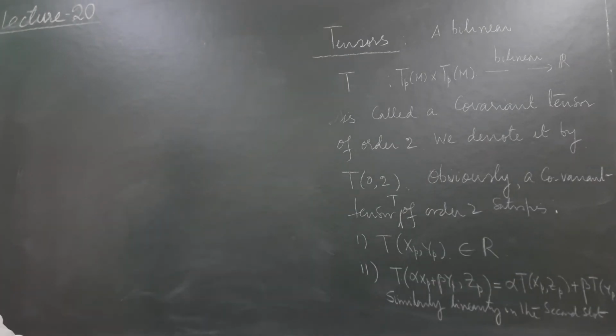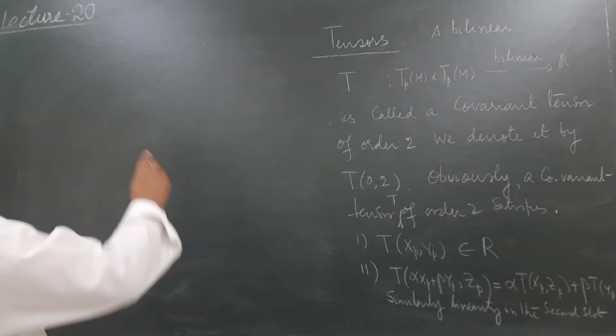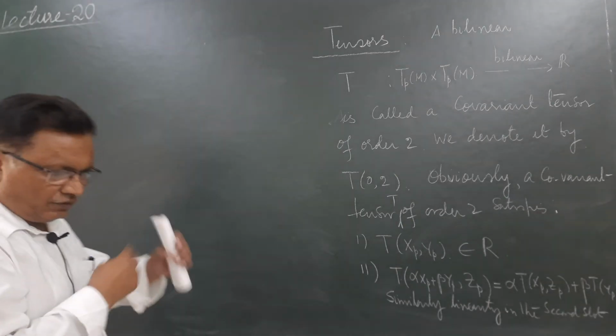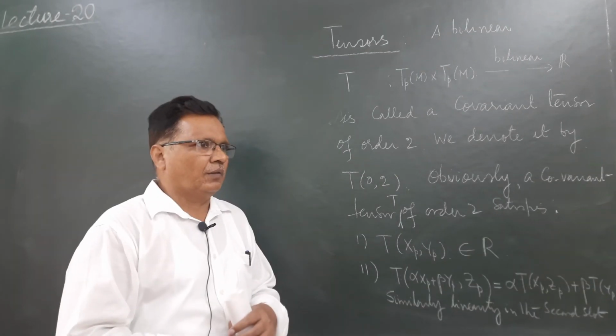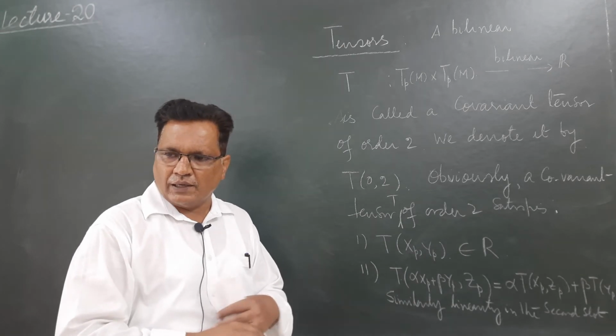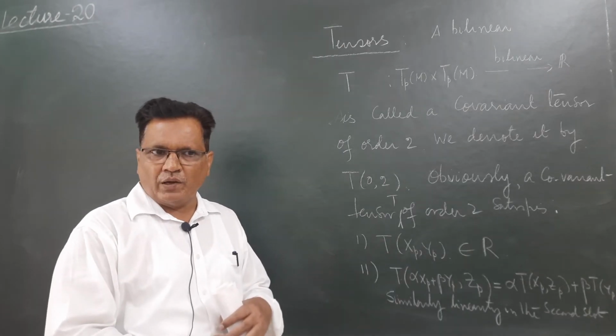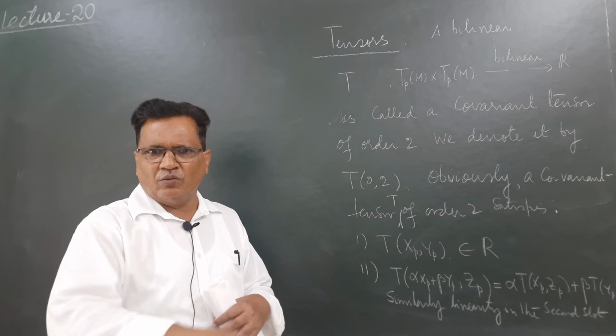सम भी डिफाइन करेंगे और प्रोडक्ट पहले डिफाइन करूँगा मैं. एक चीज़ उससे पहले कि if you have this set of all कोवेरिएंट टेंसर ऑफ रैंक 2, अगर ये कलेक्शन ले लें at a point P, then it will become a vector space.